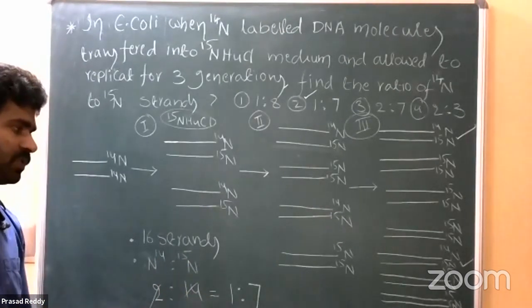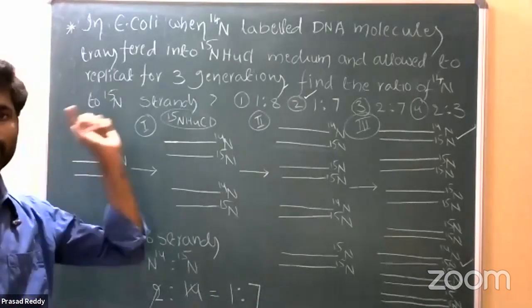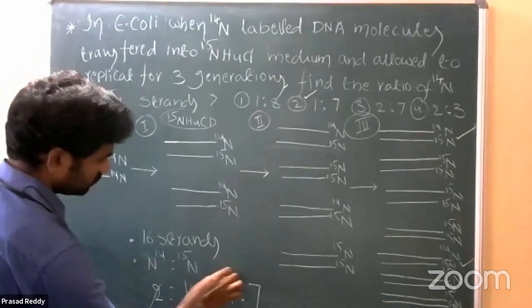It means the ratio is 1 is to 7. They're asking strands, not DNA molecules. Note it down. Answer is 1:7.